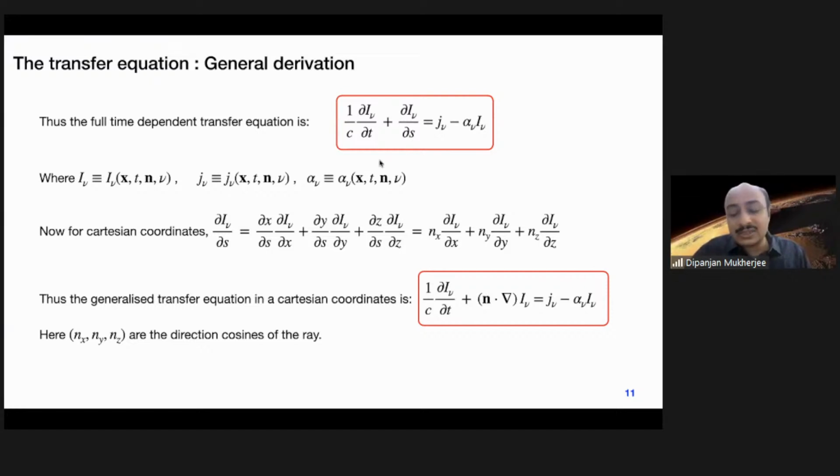That can happen if your emitting material is moving, or if there is some time-dependent phenomenon in the emission mechanism, for example the temperature changing with time. Or you have a central radiation source emitting radiation that passes through a given volume in space, and the central source itself is changing in time. In such cases, you have to use the full equation.